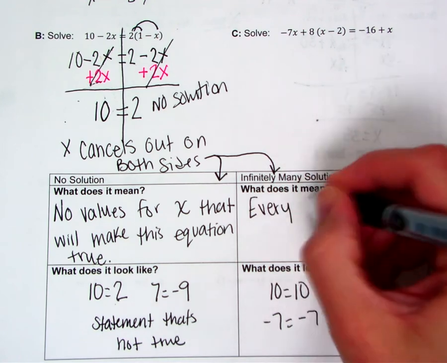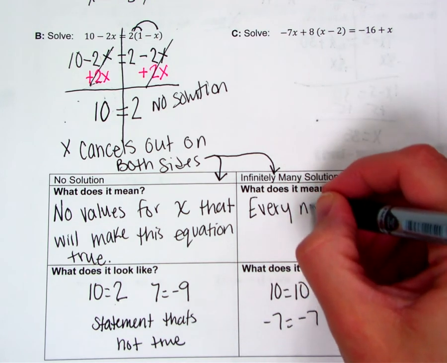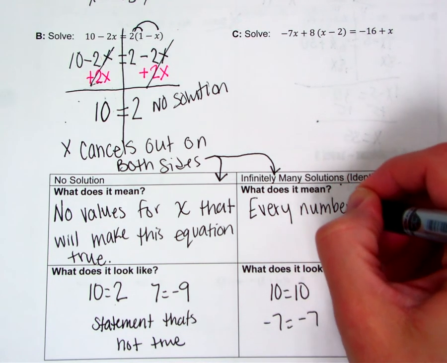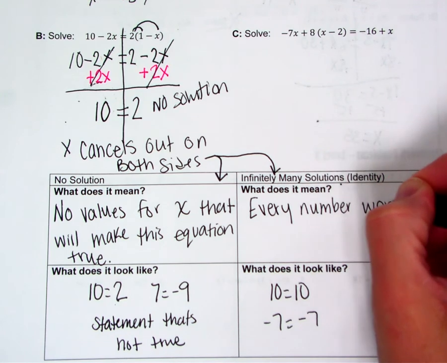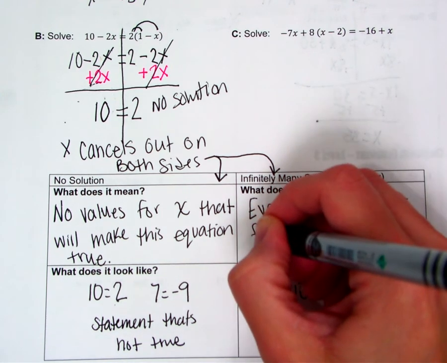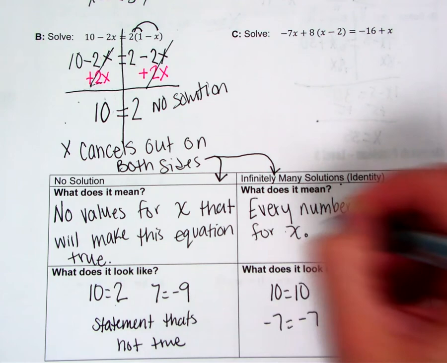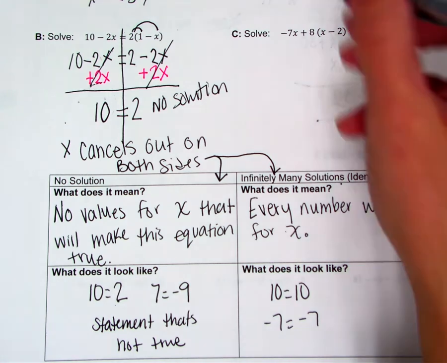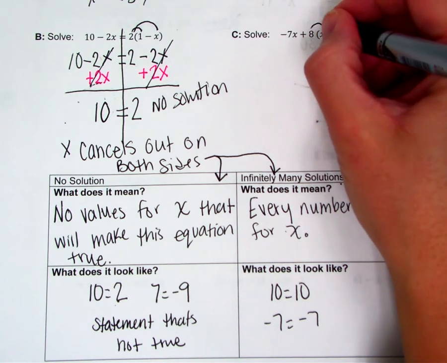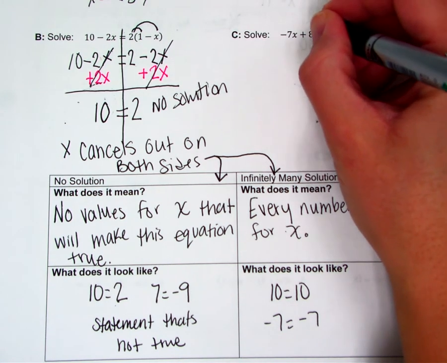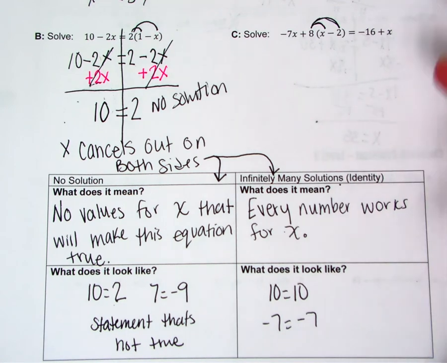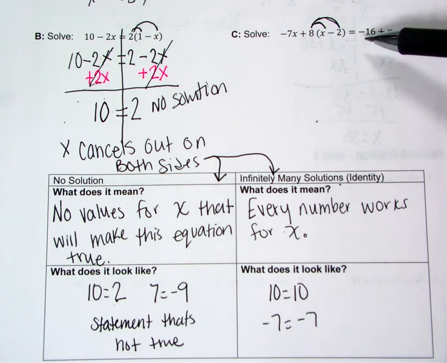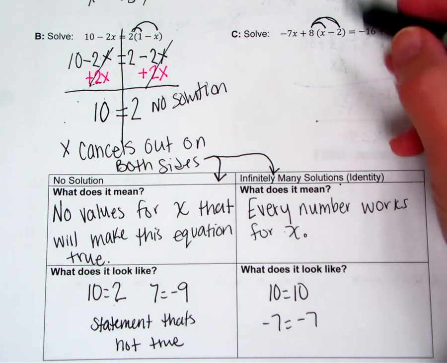That means every number works for x. So if I distributed up here, we're going to do the second problem.